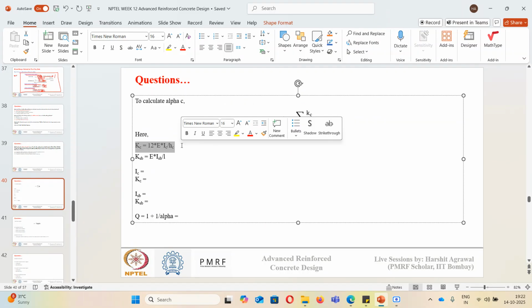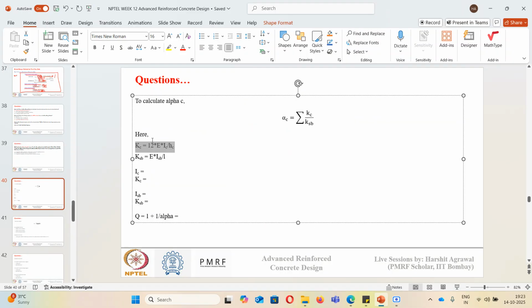This formula comes for a member fixed at both ends. In the direct design method, when we evaluate the flexural stiffness of a column, we assume the column is in a continuous frame and both ends of the column are considered restrained.